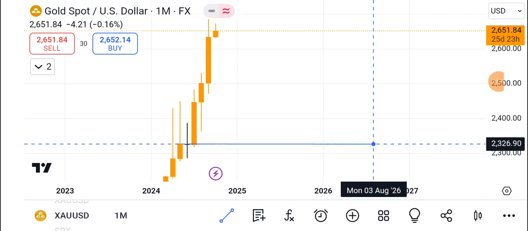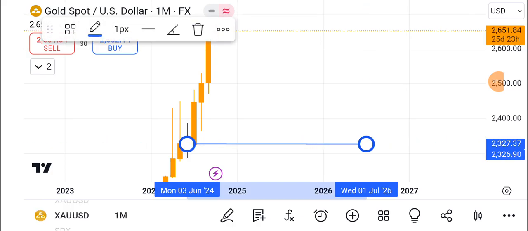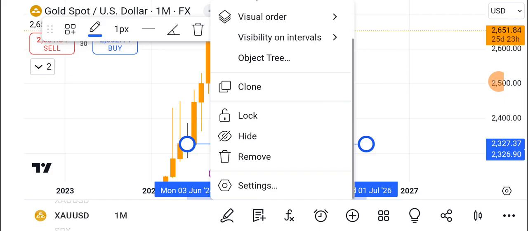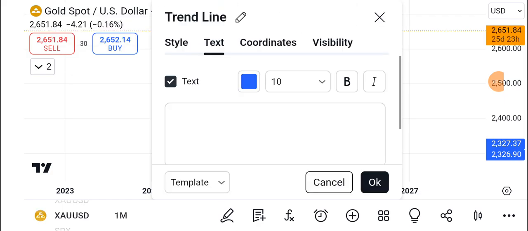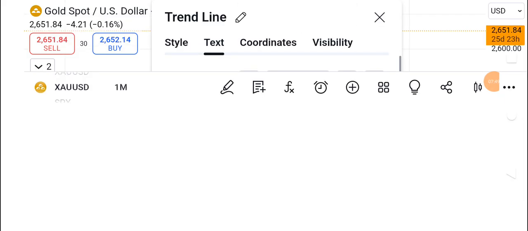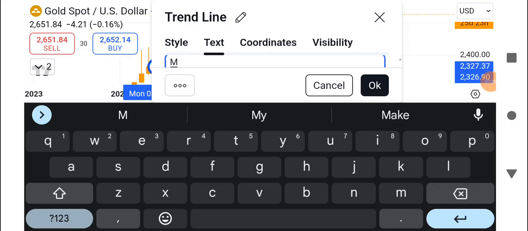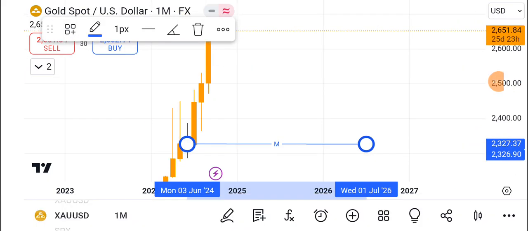As we are doing it, we are going to be labeling it. I just love using the other option so it doesn't occupy much space, but let's just leave it like this. Since we are in the monthly, we are going to mark this as M to symbolize monthly, and we are going to lock it.